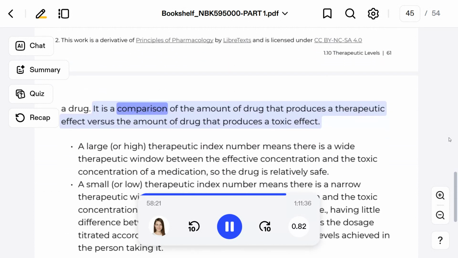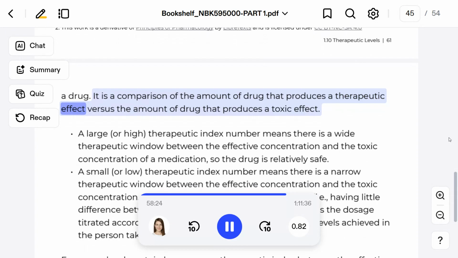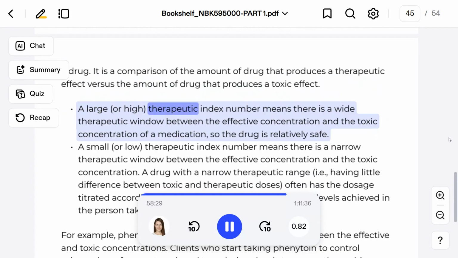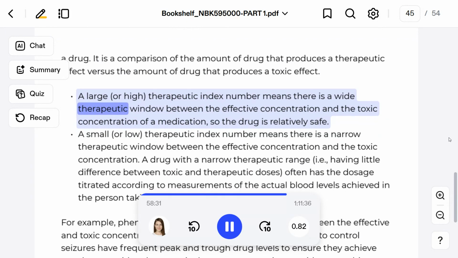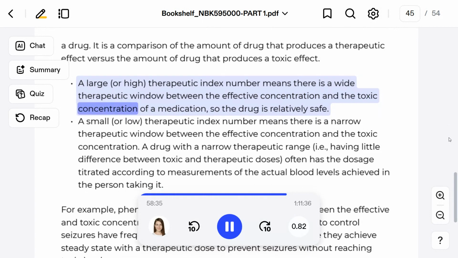It is a comparison of the amount of drug that produces a therapeutic effect versus the amount of drug that produces a toxic effect. A large therapeutic index number means there is a wide therapeutic window between the effective concentration and the toxic concentration of a medication, so the drug is relatively safe.